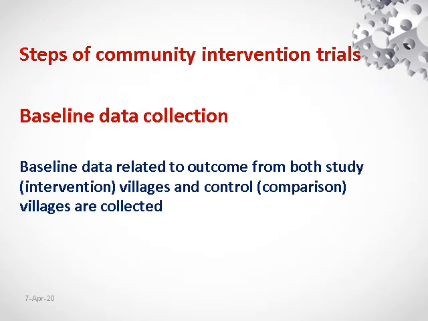That's why it is random. Then we are looking at baseline data collection. We are looking at the dengue fever cases in intervention villages and in control villages before the start of intervention. That is baseline data collection. Baseline data related to the outcome from both study or intervention villages and control or comparison villages are collected.